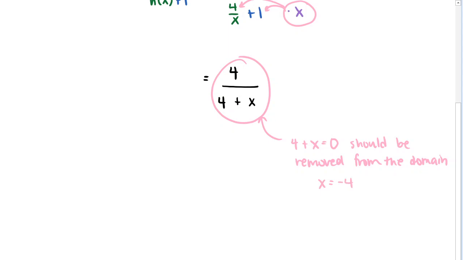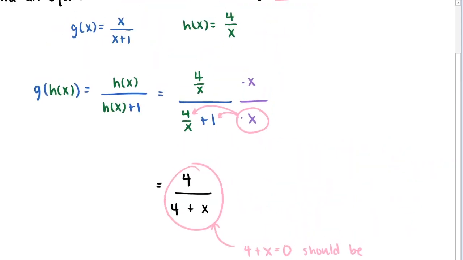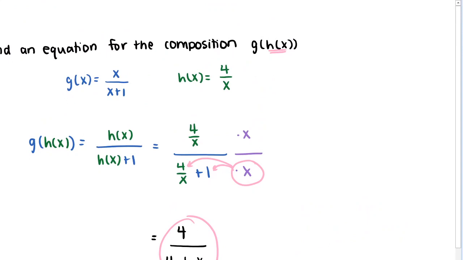This should be tossed out of the domain. And then also, our inner function is this h of x function. So we need to look at the domain of this function here, h of x. And so here, when is the denominator 0? So here we know that x is equal to 0 makes the denominator 0, and this should also be removed from the domain.